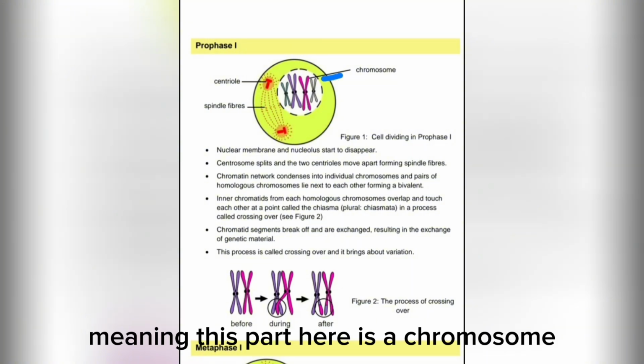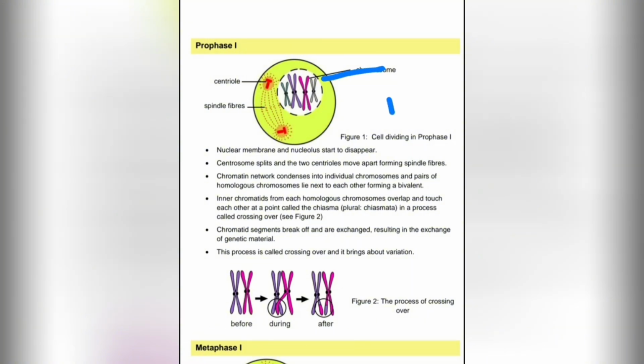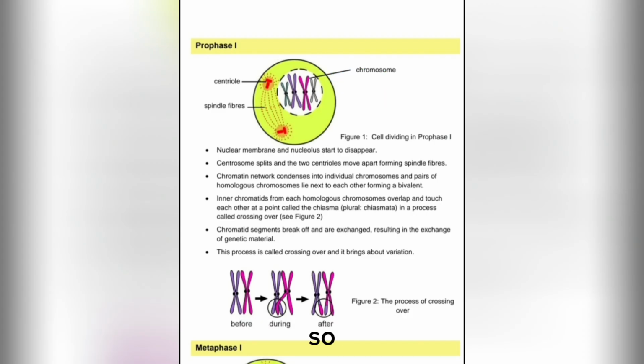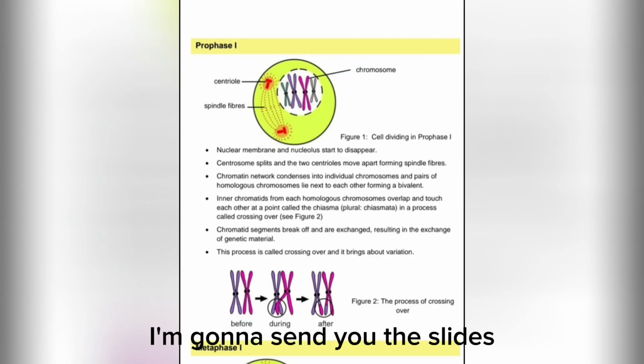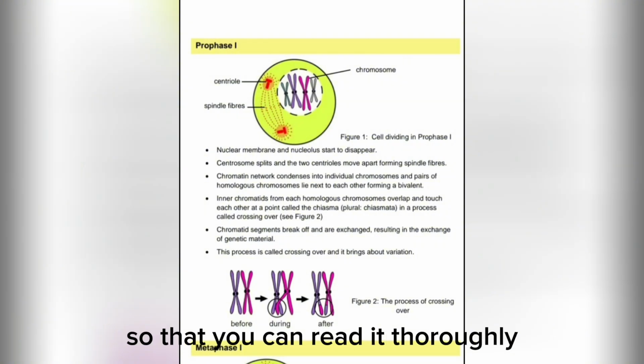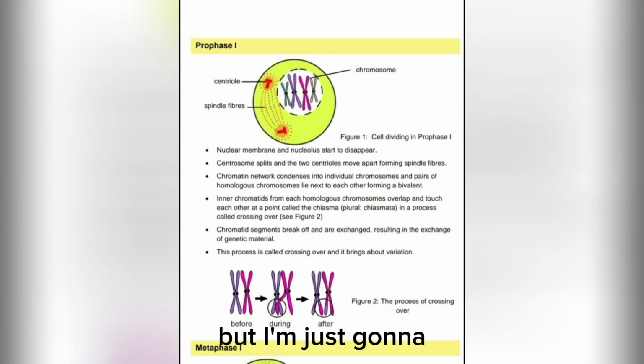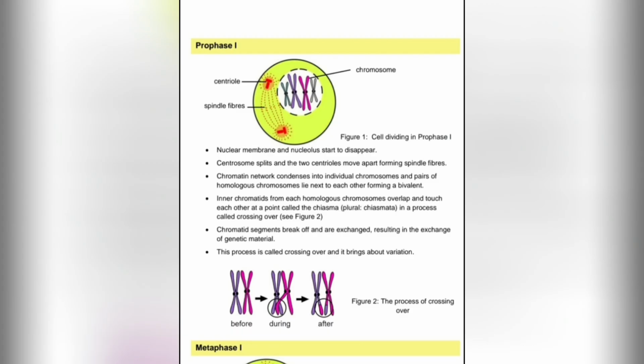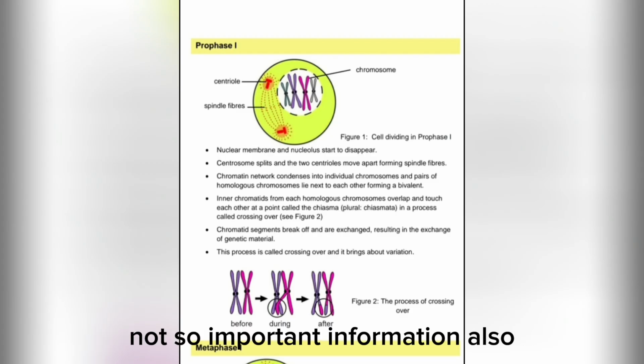So this part here is a chromosome, with a T it's a centriole, and this one is a spindle fiber. So during prophase 1, I'm going to send you the slides so that you can read it thoroughly, but I'm just going to briefly explain what each part is about, because here I think we have some not so important information also.